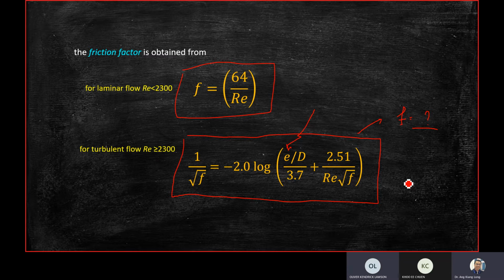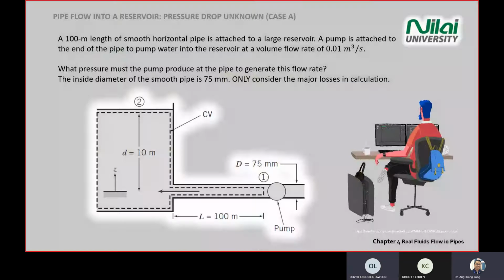Yes, sir. Okay, let's look at one example. So in this example, you have a pump and a water tank. You have point 1 and point 2, and the height at point 2 is given as 10 meter.